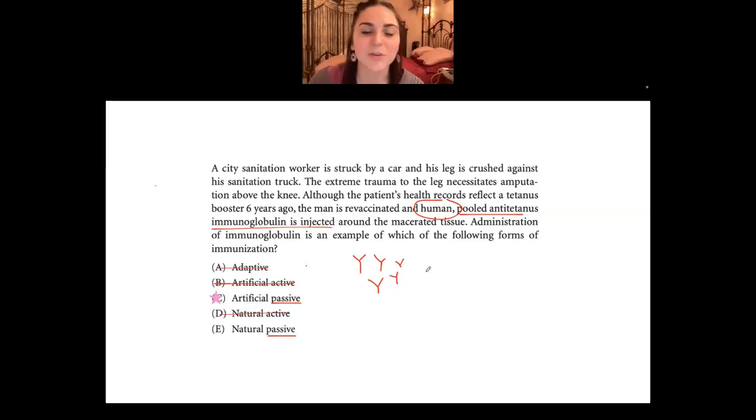But natural passive is really only going to be IgG crossing the placenta and IgA in breast milk. That's really it. Everything else is going to be artificial, at least for passive. Does that make sense? We're giving antibodies, so it's passive. The patient is not actively making them.